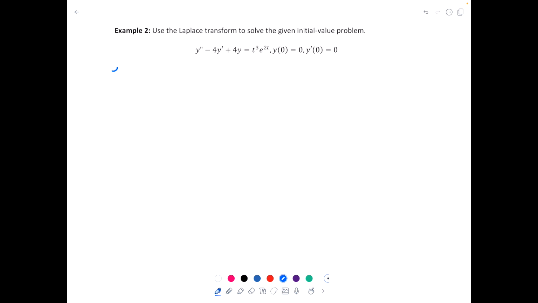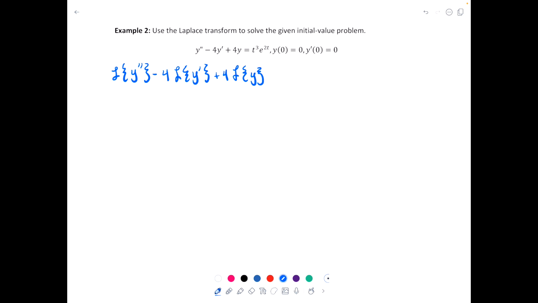We have the Laplace transform of y double prime minus 4 times the Laplace transform of y prime plus 4 times the Laplace transform of y.